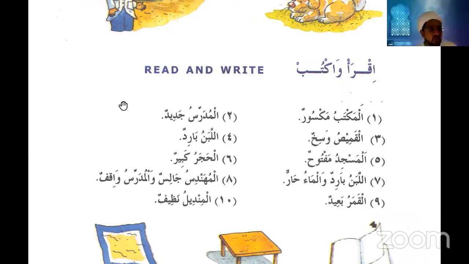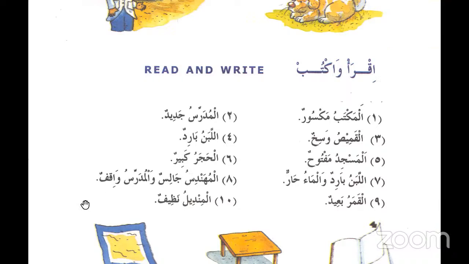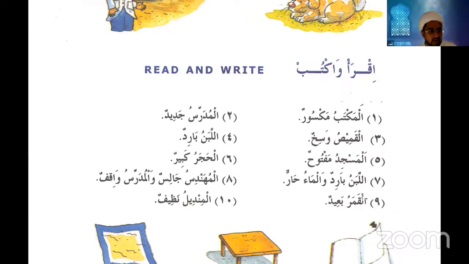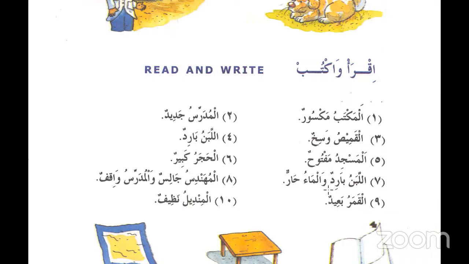Thank you. Sister Noreen Kazmi, can you do number 6, please? Al-Hajaru kabirun, the rock is big. Excellent. Brother Asif Bojani, number 7. Al-labanu baridun wal-ma'u harun. The milk is cold and water is hot.